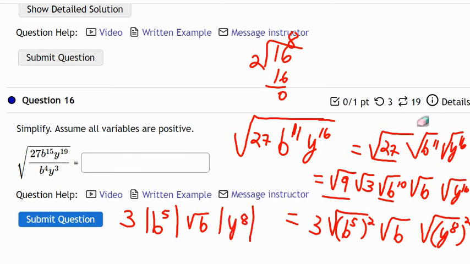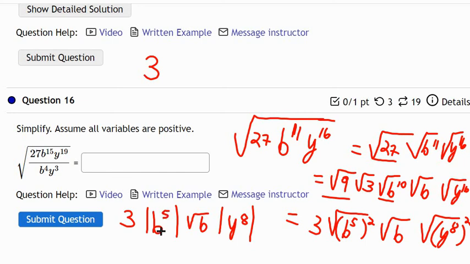Now let's see if we can get rid of any of these absolute values, and let's see if we can simplify any further here. I can move them around to put the 3 in front. It's already there though. And this one, because the power is odd, b to the 5th, I don't know if b to the 5th is positive or negative.